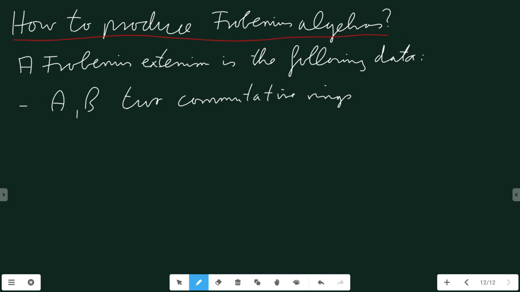Our ring R, I will give you an example in a second. Our ring R from Soergel bimodules will be one of those, and so on, or a field or whatever you want. An inclusion, and I will call it I. So one of them is a big ring, the other one is a small ring.